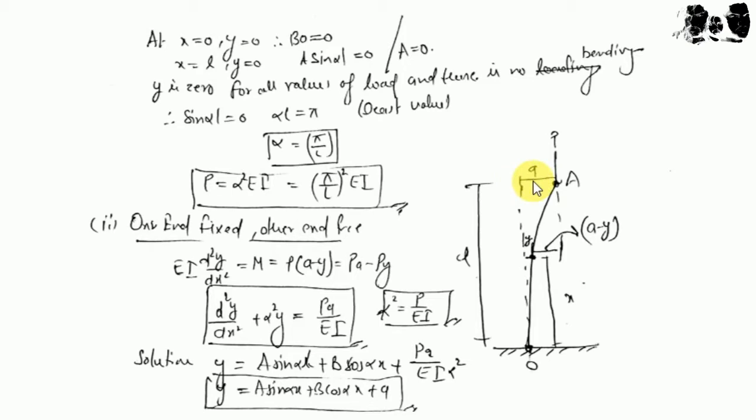Then again, as we did in the first condition, we cut a section to find the bending moment. We cut a point here, and we have a vertical distance x and a horizontal distance y, so this point has an xy coordinate.